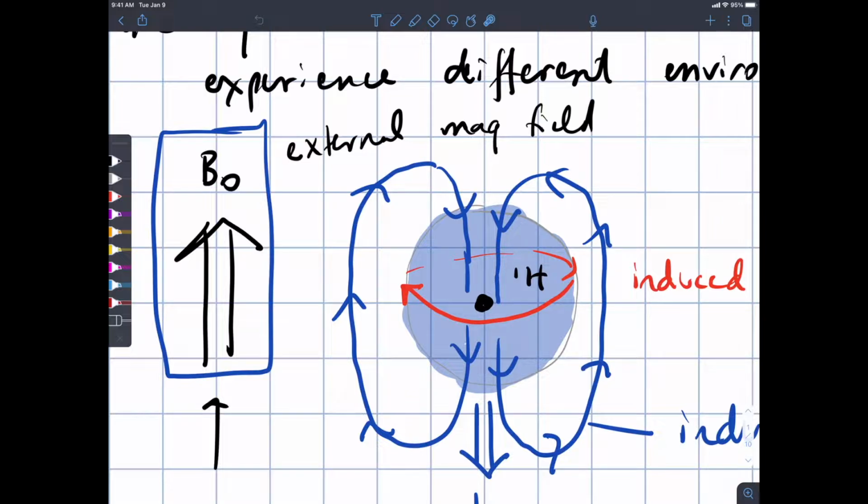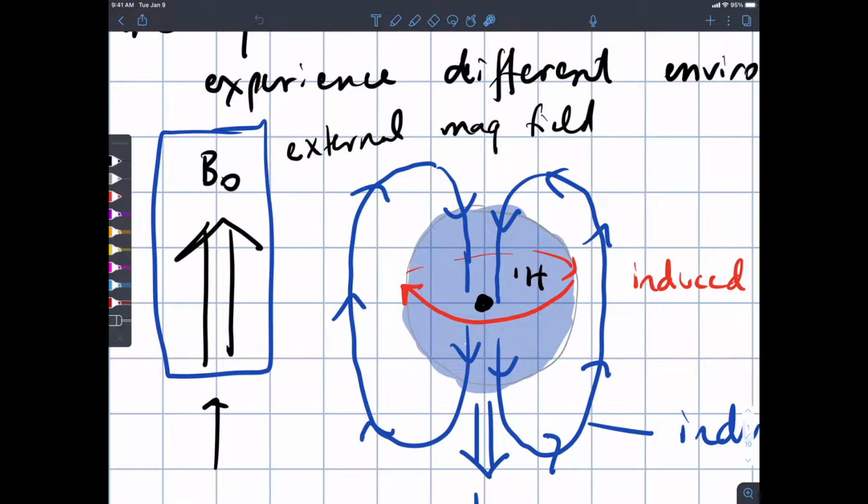as you know from physics, in the presence of a magnetic field, electrons move, right? And it just so happens that the electrons that surround a proton will move in such a way as to create their own magnetic field that opposes the external magnetic field.